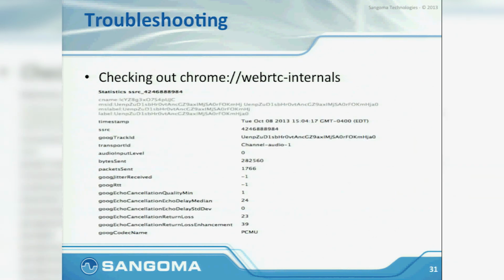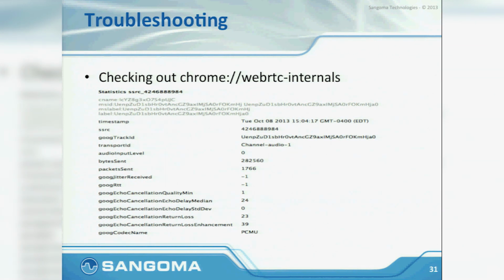So there's other stuff you can check out. I didn't highlight it here, I forgot. There are things to check: the audio input level. That's the input of the microphone of the computer, right? So if you see a 0 there, either nobody's talking on the microphone, or something is wrong with the microphone, and the web browser is not capable of receiving the input from the microphone.